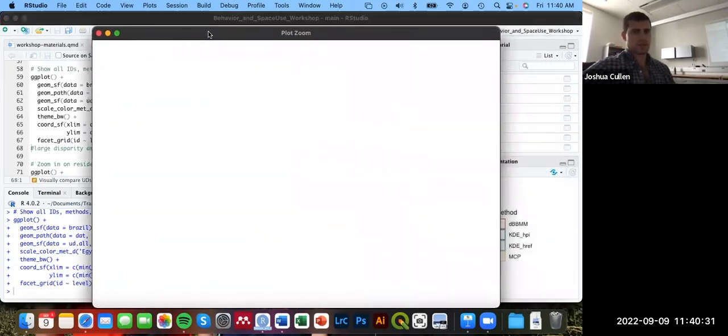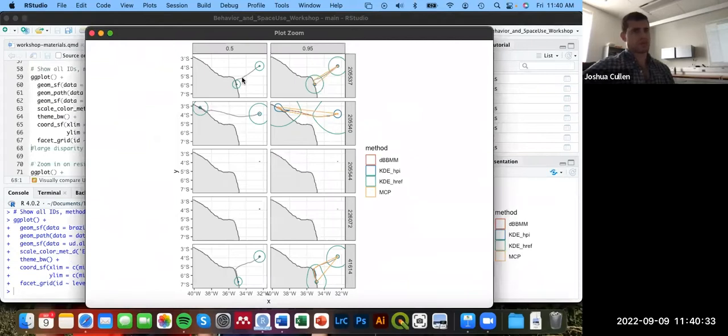Zoom in on this. Okay, so the left column is the 50% contour, and the right column is the 95% contour. And each of the rows is a different ID, and the colors indicate the different methods.